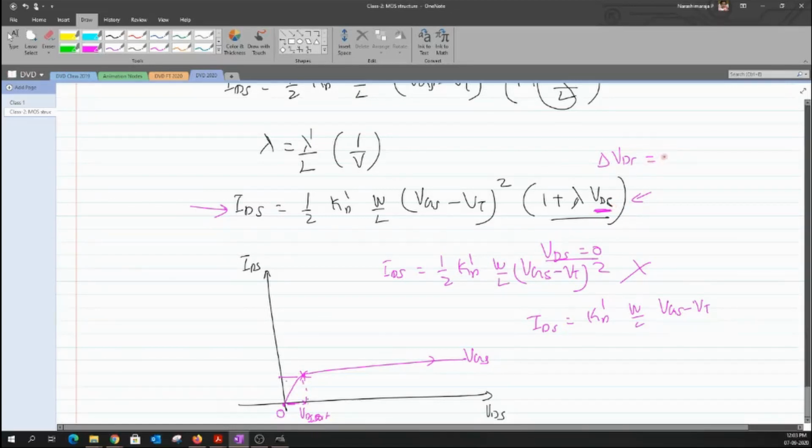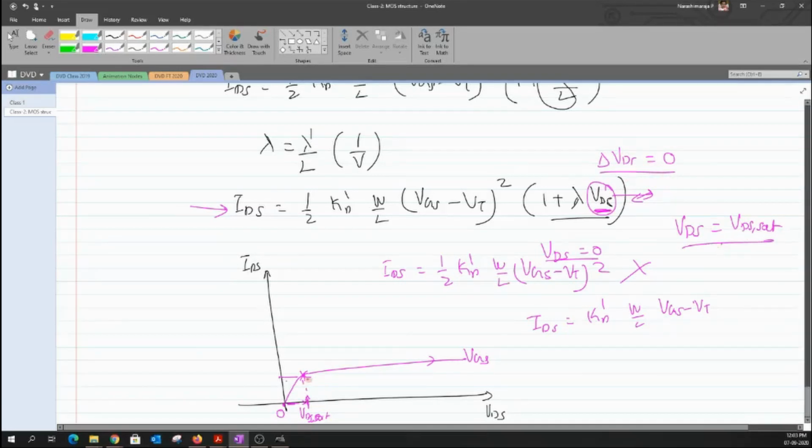The delta VDS can be equal to 0, or any value greater than VDS sat. But when delta VDS is equal to 0, this quantity still helps me to push my current to this particular point, that is, my VDS would then be equal to VDS sat.